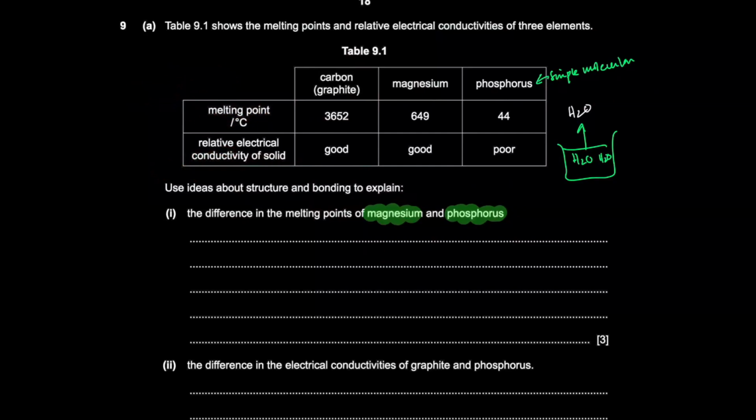Okay. So, why is there such a difference? Because magnesium has a giant metallic lattice structure.